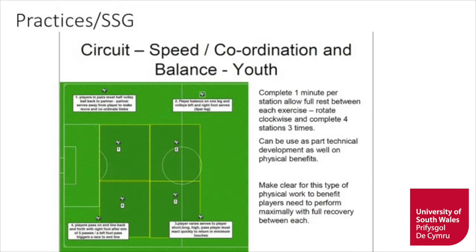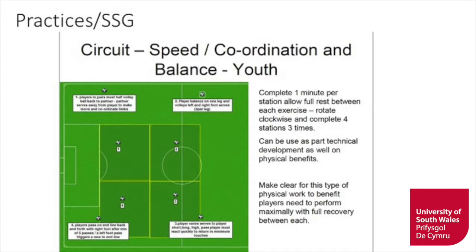In the first station, players are working in pairs. One player is going to stand with their legs wide apart. The other player is going to have the ball. The player with the ball passes the ball through the partner's legs, and the partner chases the ball, collects it and brings it back to where they started.